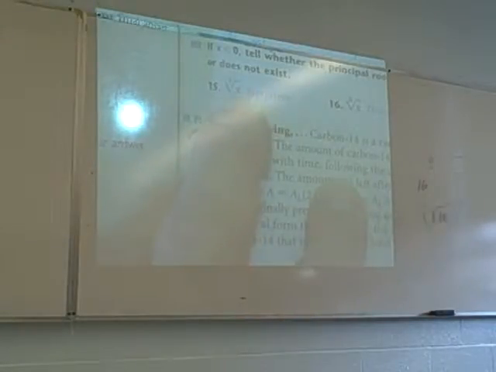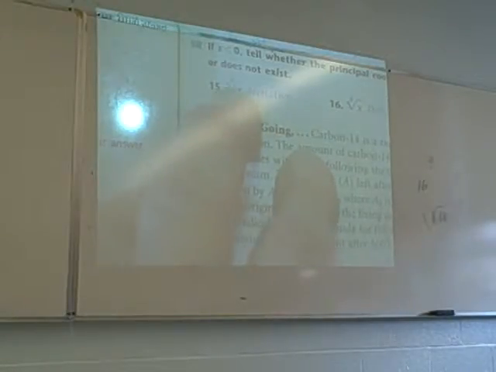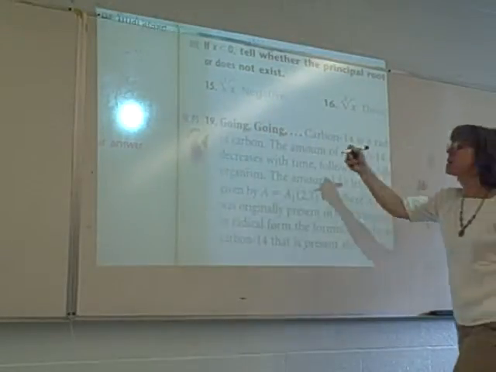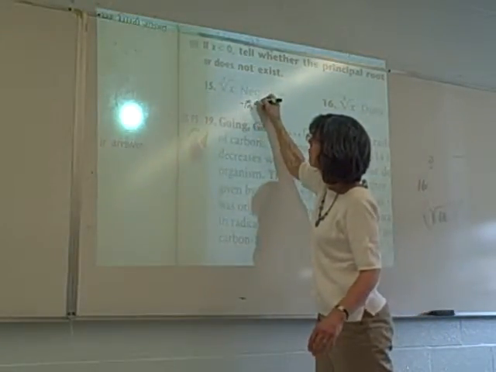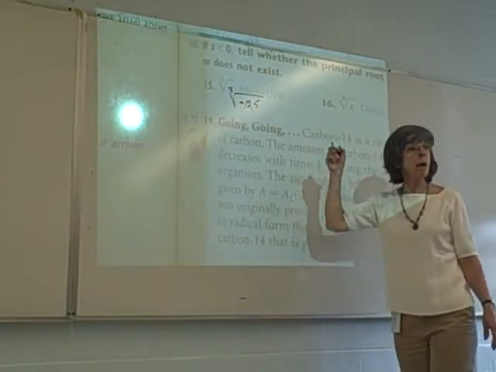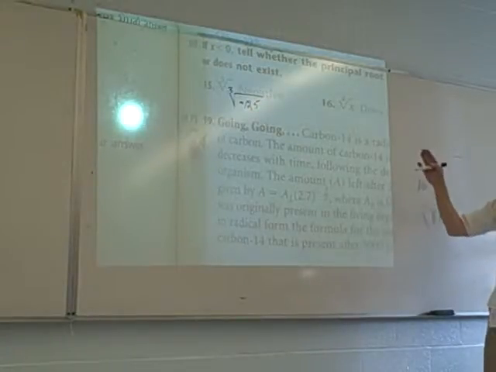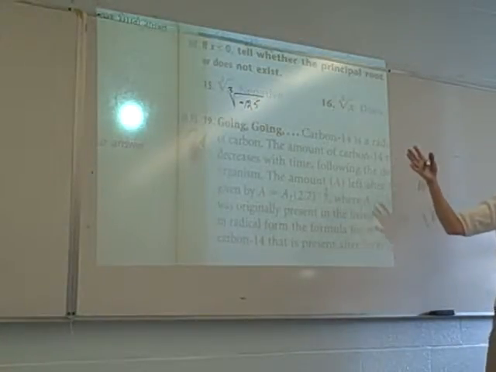So if this is a negative number and it's a cube root, if this was negative 125 and I want the cube root, will my root be positive or negative? Negative. Okay, that's what they were asking.